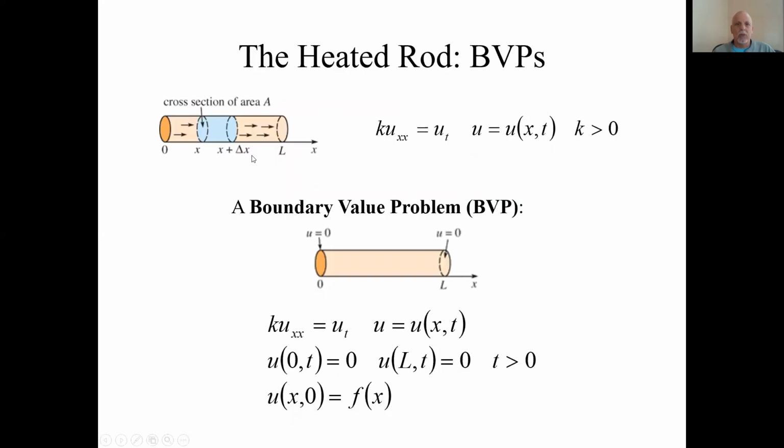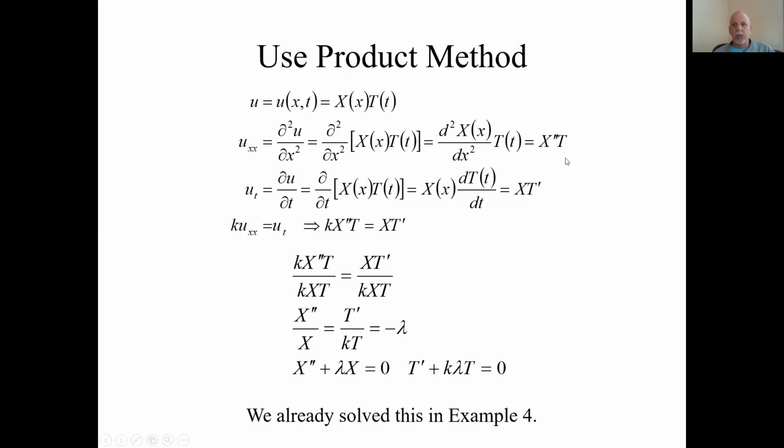Let's see, what do we have? u sub xx is ultimately going to be X double prime T. We have a u sub t, which is ultimately going to mean X T prime. You shouldn't have to go through all this thinking each time you do it. You should be able to go from this to that without too much thinking.